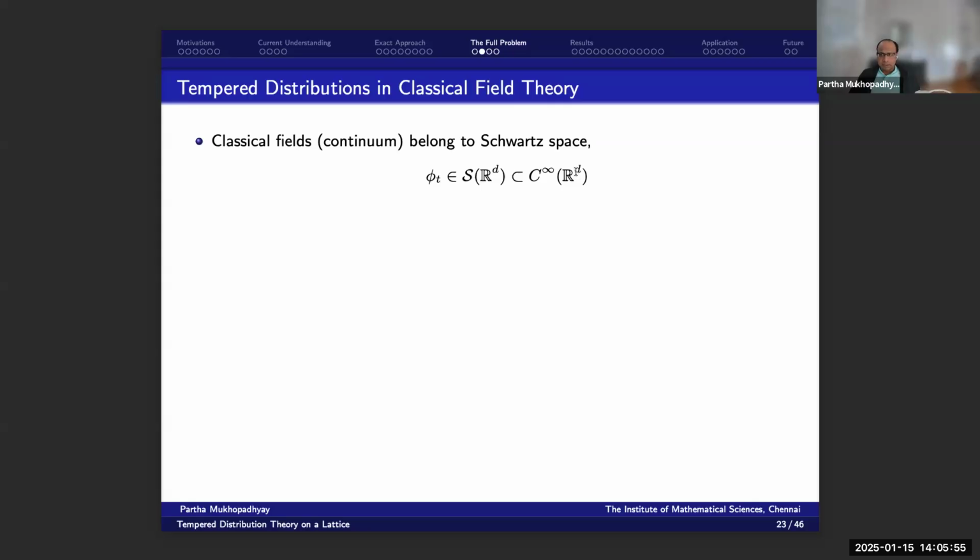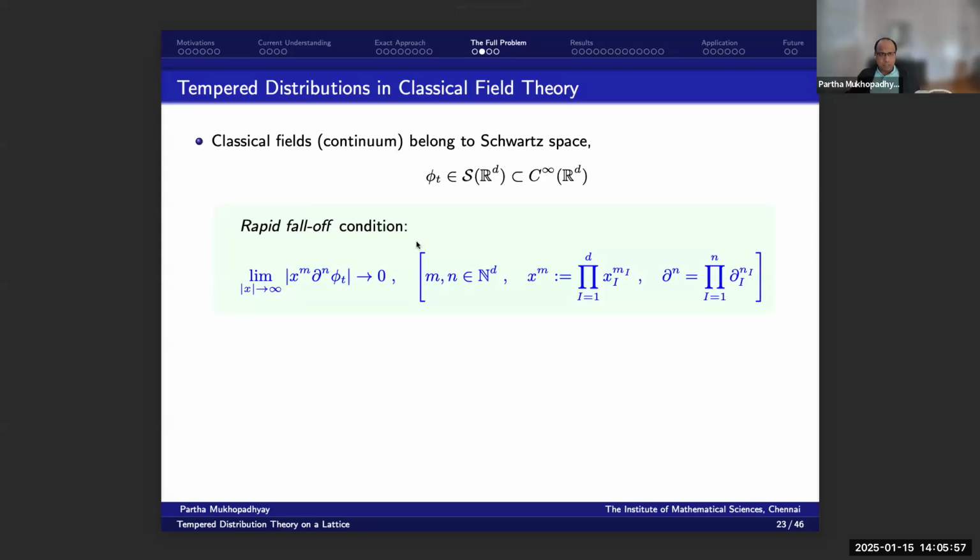And Schwartz functions satisfy a rapid fall-off condition, which says that x to the power m times higher derivatives acting on phi will all fall to 0 at large values of mod x. These m's are multi-indices because it's a higher dimension, so some compact notation is written. This is the boundary condition used in order to prove Noether's theorem, for example. This is one ingredient, that the fluctuating fields are Schwartz functions.